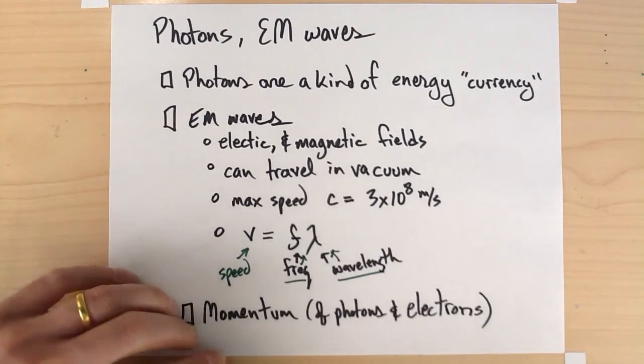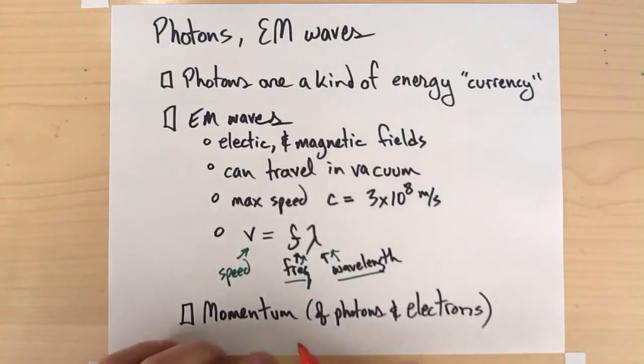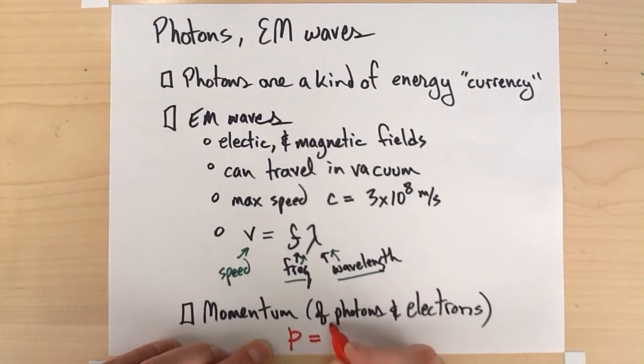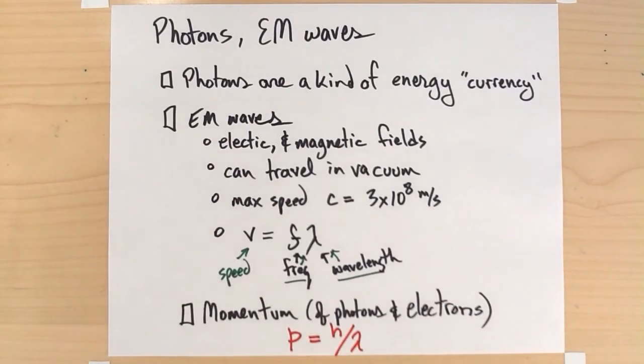It's true, as it turns out, for pretty much all particles. So the momentum, P, is equal to Planck's constant, h, divided by the wavelength. And this is true even for large particles. And this is a very old equation. It's about 100 years old, and it describes both photons and electrons.